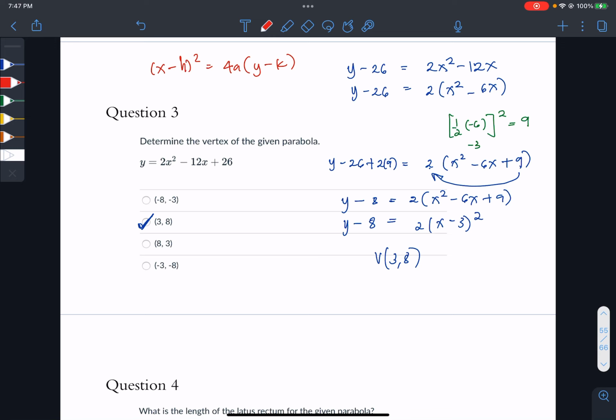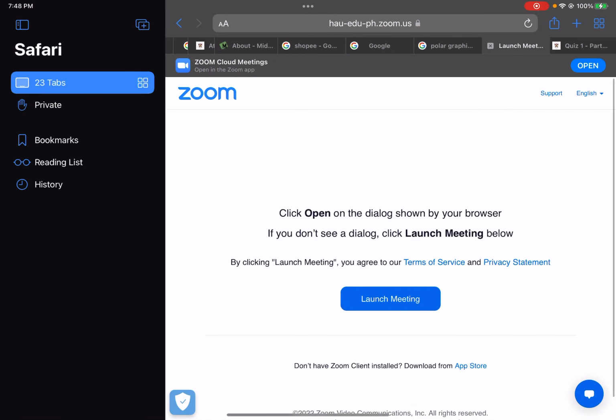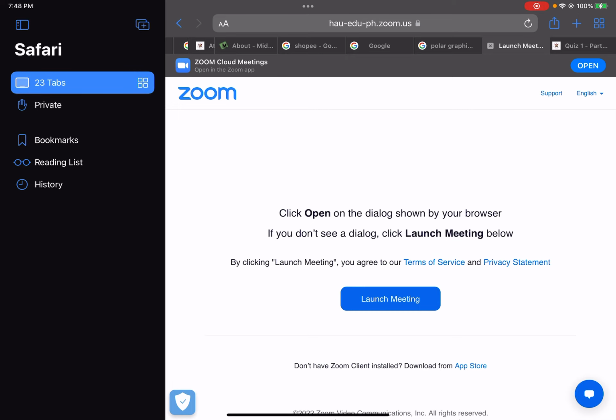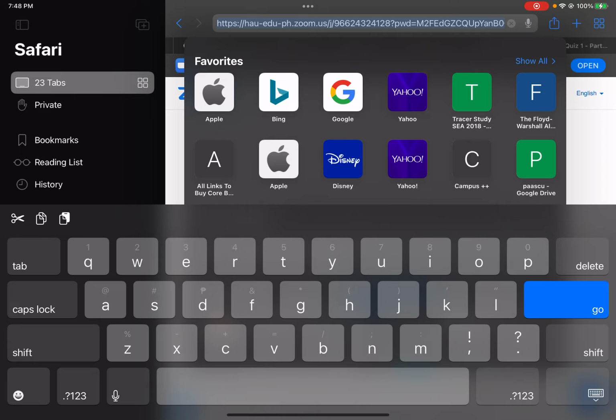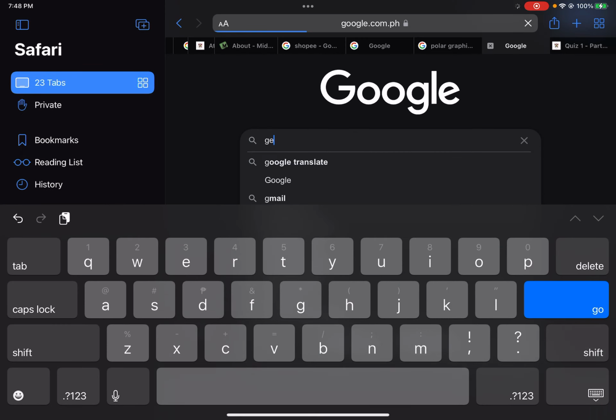So kung i-graph natin yan, can I do the graphing? So tingnan natin. So para mabilis, graph ko siya sa GeoGebra.